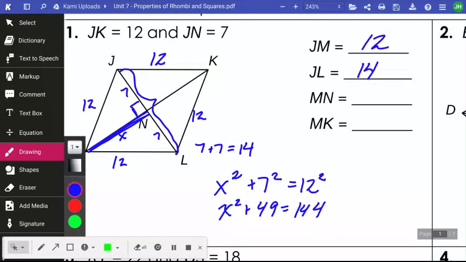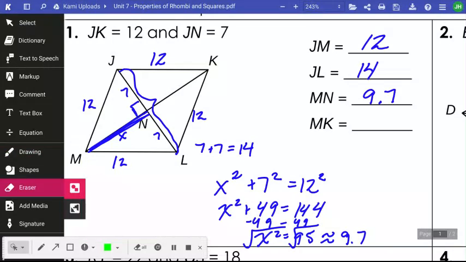I'll subtract 49 from both sides so that I have x squared is equal to 95. And then I'll square root both sides, and I'll get approximately 9.7. Okay, that's what I have there. Right.